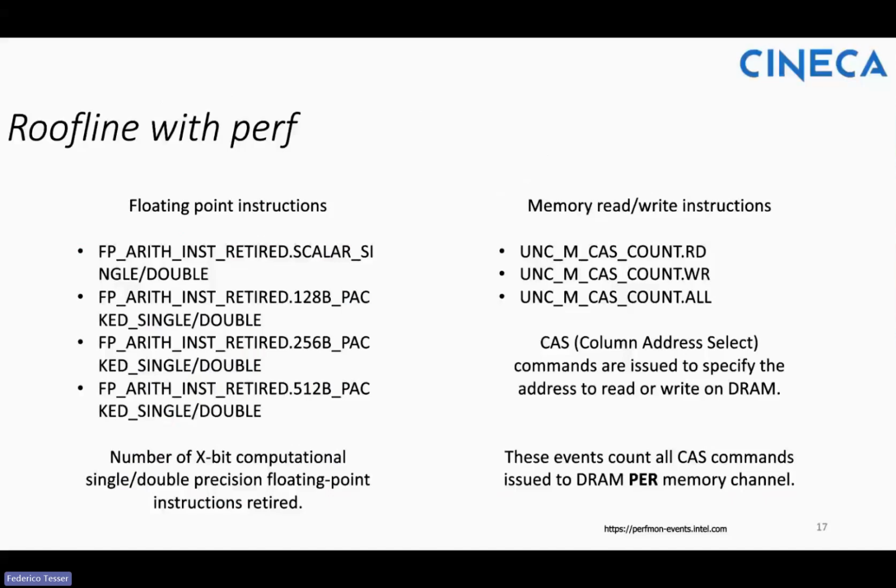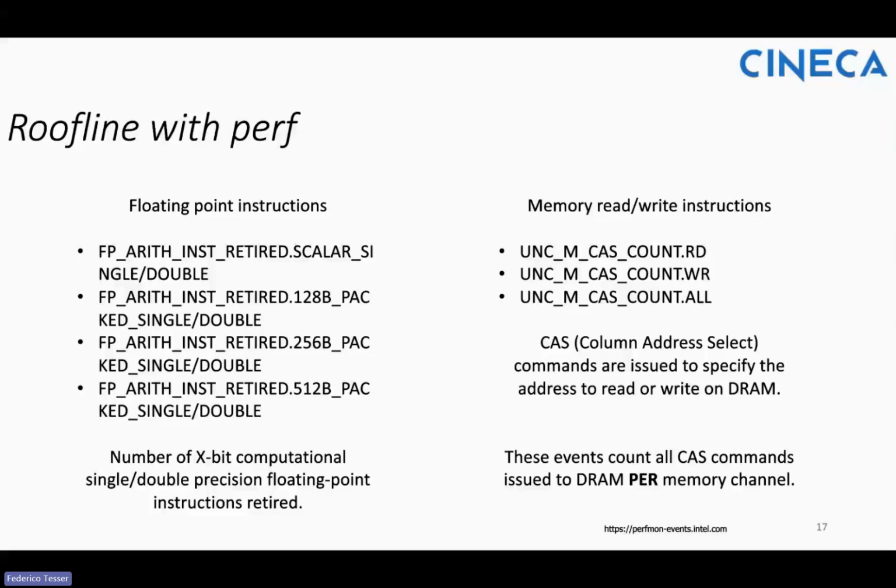Here we report an example of the roofline model obtained with perf. So here we are still dealing with the Cascade Lake system, okay? And on the left, if you go into the performance events manuals of Intel, you can find the names of the events that you're looking for, and they are represented in this way.